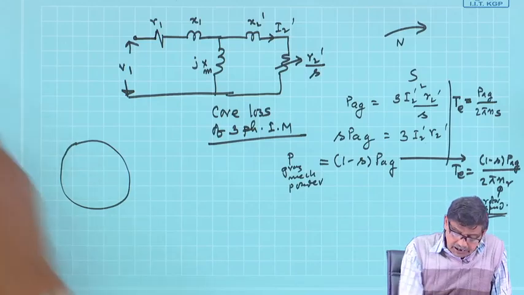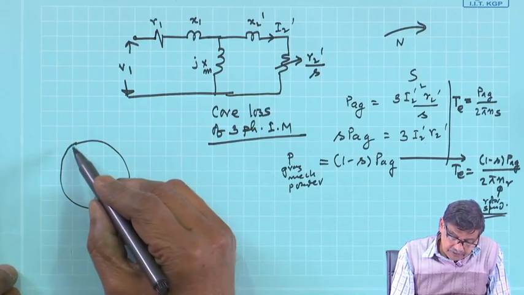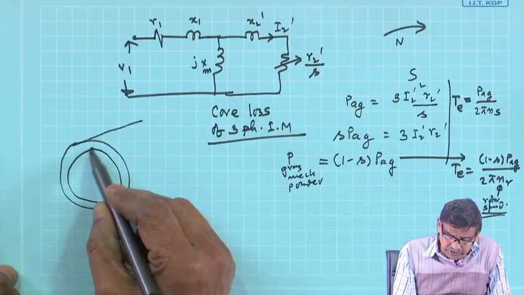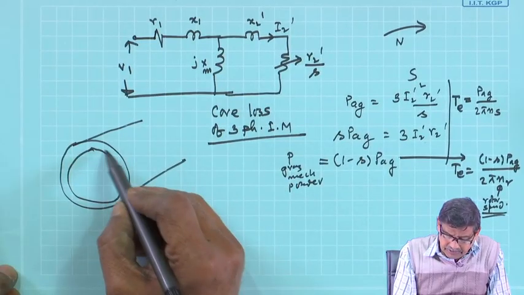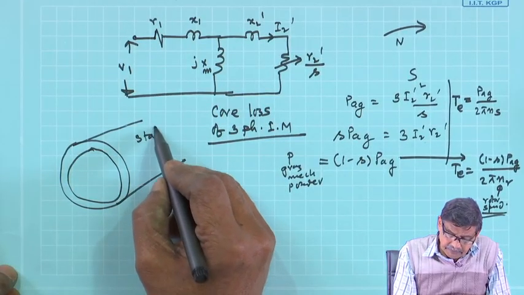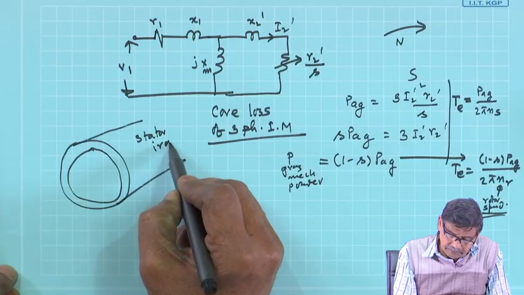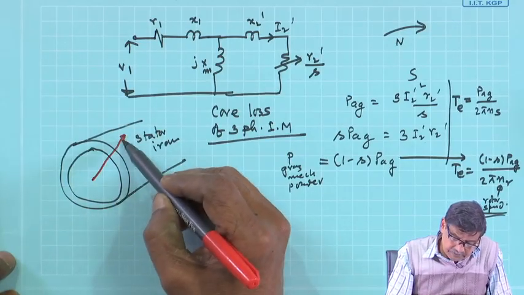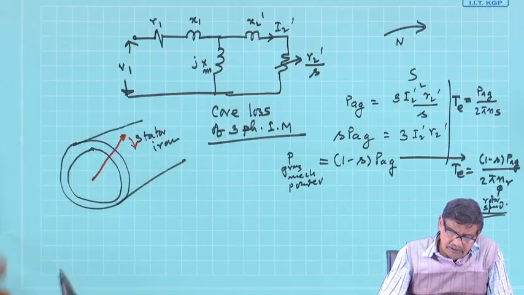So, there is a rotating, suppose this is the stator iron. I am not drawing these slots, conductors are here, stator iron, and here is a rotating magnetic field, it moves.